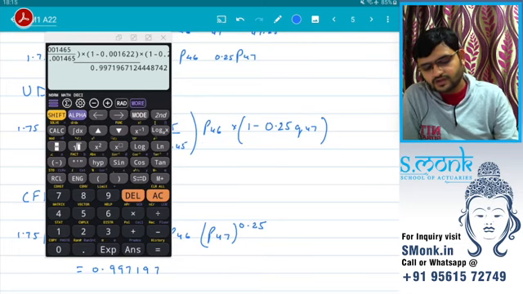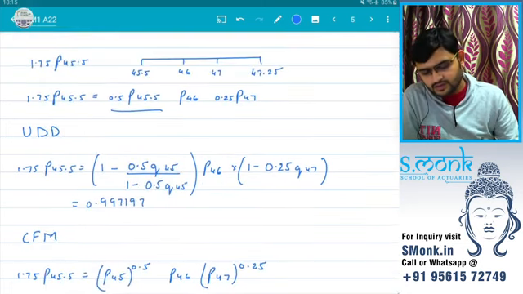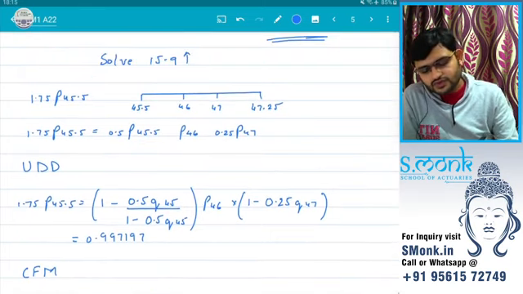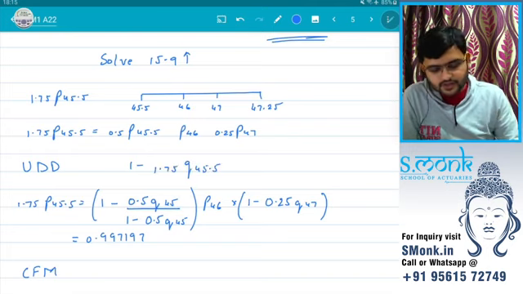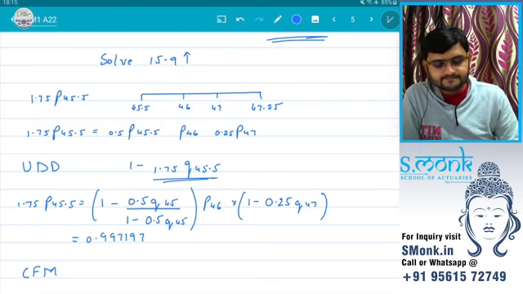Why can't we write it as 1 minus 1.75 q 45.5? If we write it as 1 minus 1.75 q 45.5, this is correct. But what do we do with this then? Then we can split that into integer parts, sir.